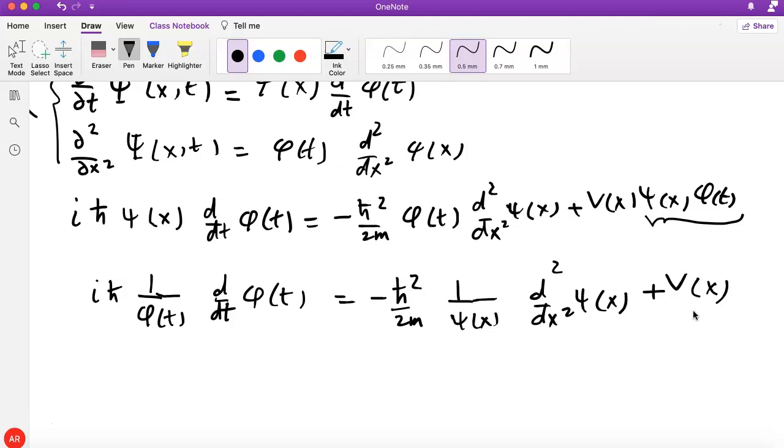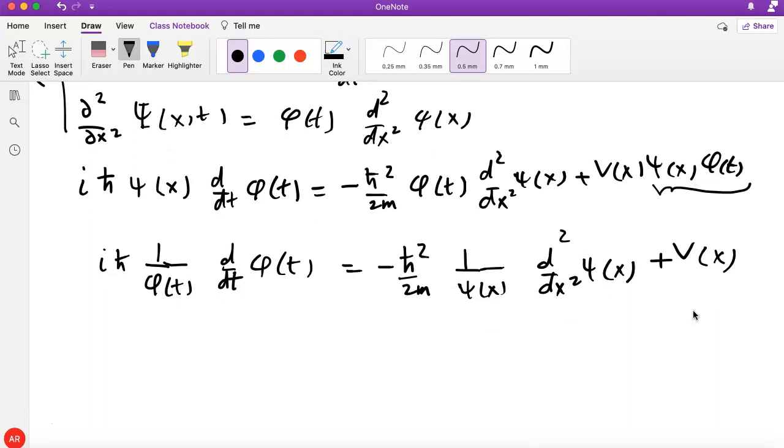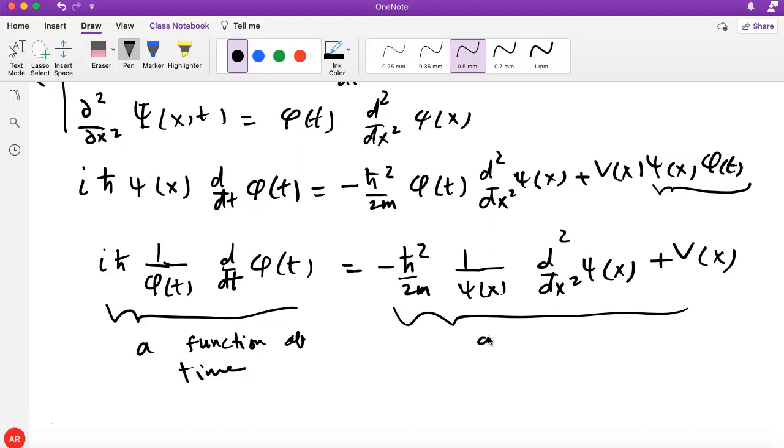So now we see the power of this technique, because here I have a function of time and here I have a function of x, of position. But for every t and every x, they're equal. So how can that be?